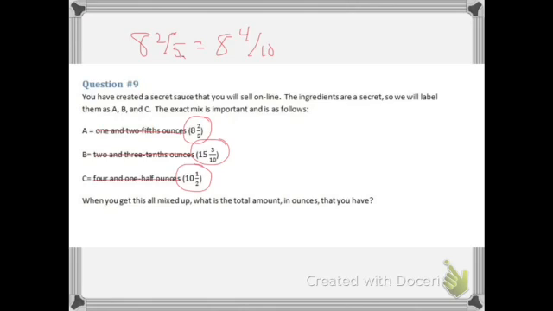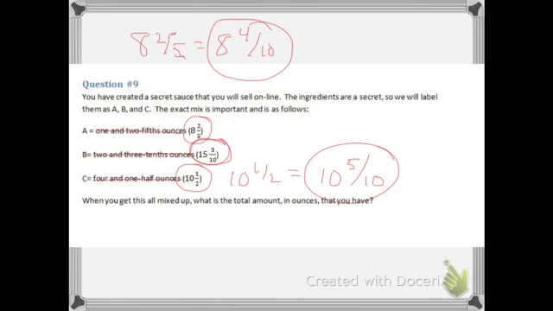It's the same number. 8 and 2/5 is the same number as 8 and 4/10, but I'm trying to get a denominator that is the same on all three fractions. 10 and 1/2 is going to come out to be 10 and 5/10. Notice that 5/10 is still half. If you've got a pie in 10 pieces, 5 of them are going to be half of the pieces. But now I have 8 and 4/10 plus 15 and 3/10 plus 10 and 5/10.